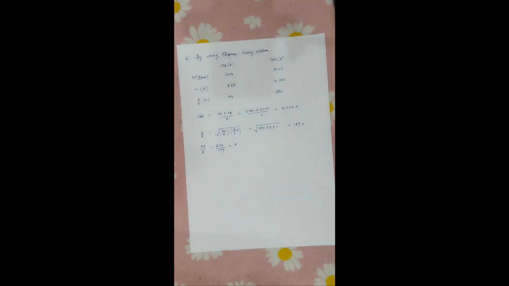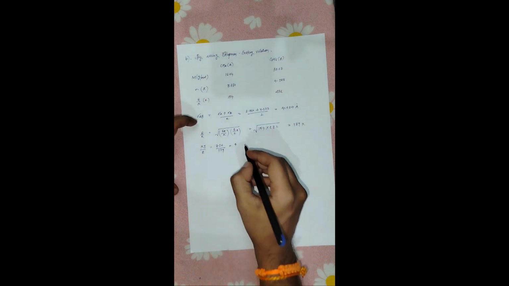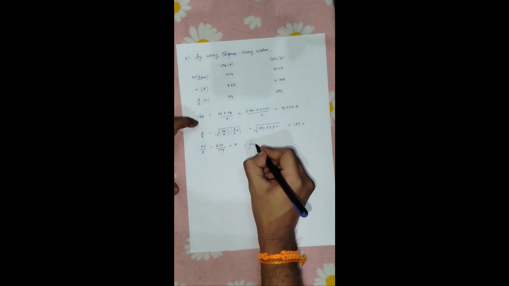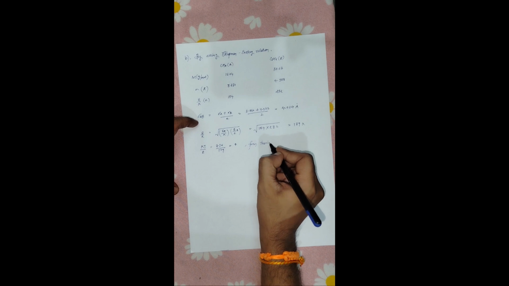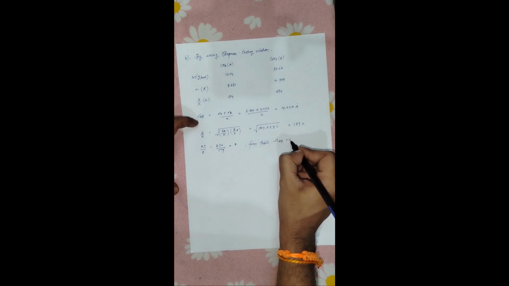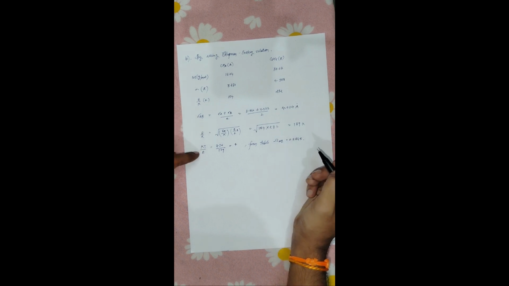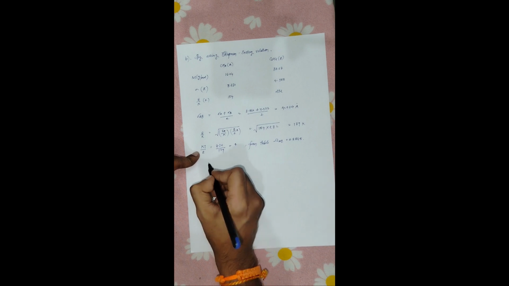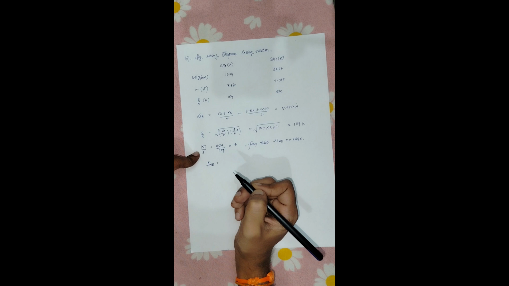I hope you are able to see. So now we'll write it. So we'll write from table, collision integral for AB, which is a system, is 0.8845. Okay, now we'll use the formula for diffusivity.